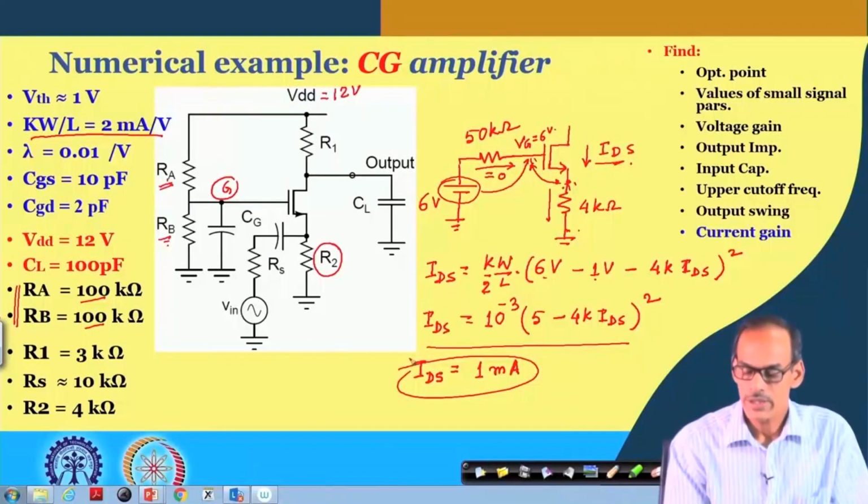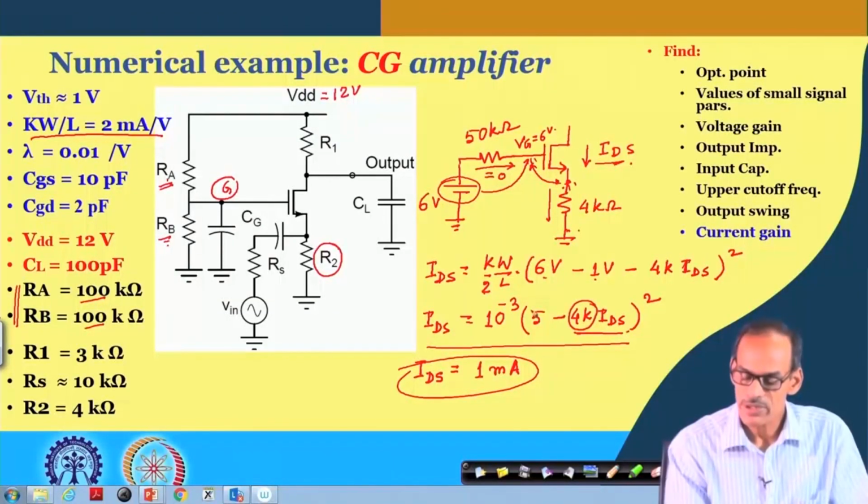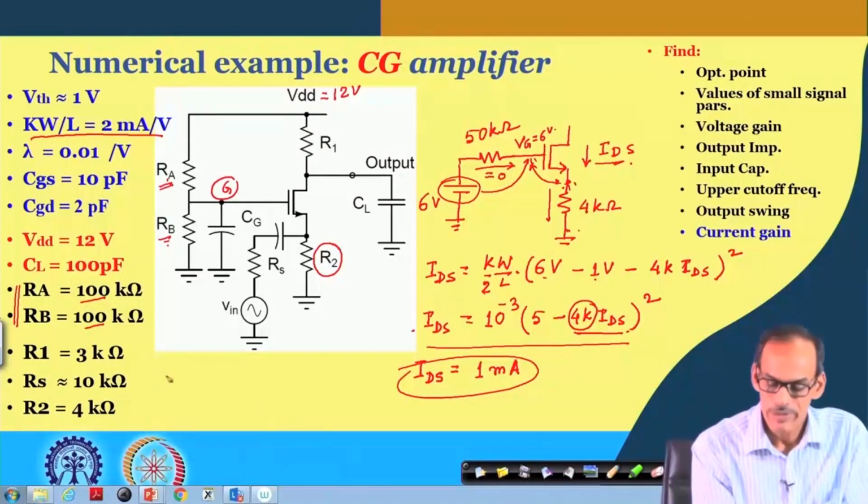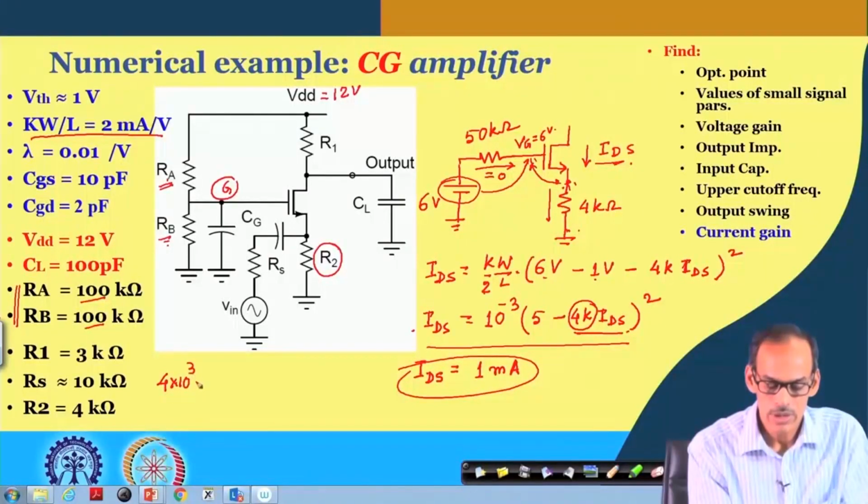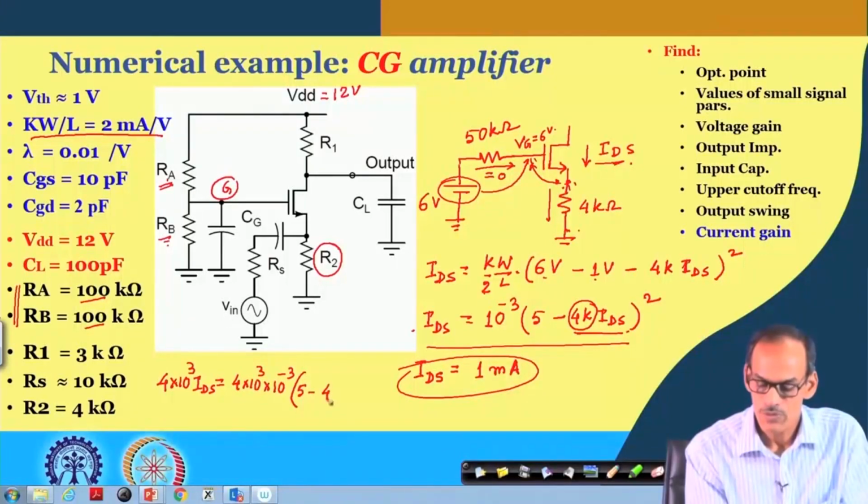I am just giving a tip. So, we do have this part, it is 4k multiplied by IDS. So, if I multiply here, what I will be getting is 4 into 10 to the power 3 into IDS equals 4 into 10 to the power 3 into 10 to the power minus 3 into 5 minus 4 into 10 to the power 3 into IDS square.